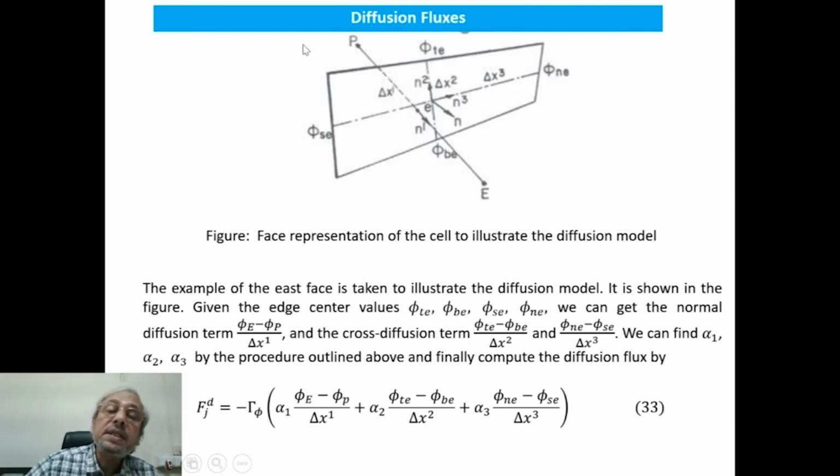In this calculation, the cell of interest, that means P, the eastern cell E, this is the interface. So the eastern cell, the cell of interest P, the cell which is at the top of the P cell, and the cell which is at the top of the E cell. So these four cells will be involved in basically defining phi TE.